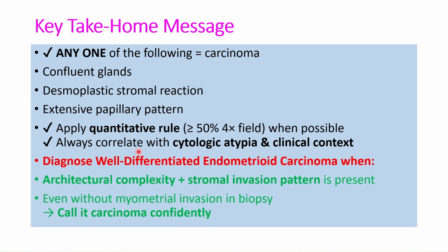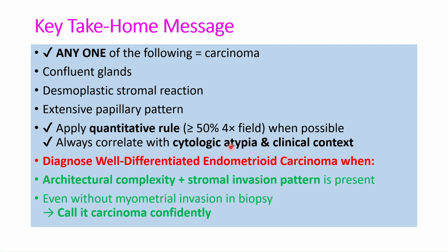And the key take-home message is that if any one of the following, like confluent glands or desmoplastic stromal reaction and extensive papillary pattern, is present, that means carcinoma is there. Apply quantitative rule, means more than 50% of glands filled when possible.